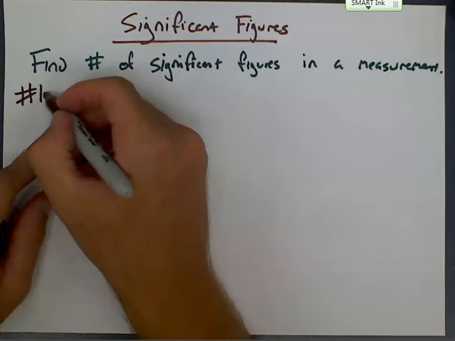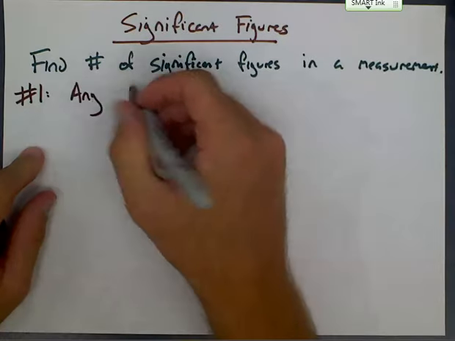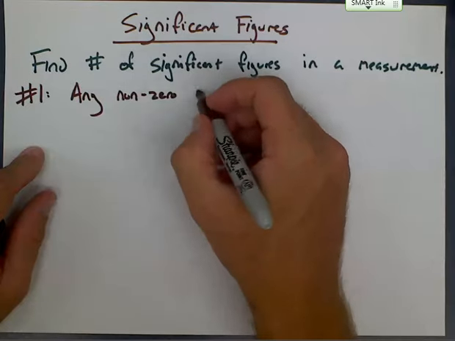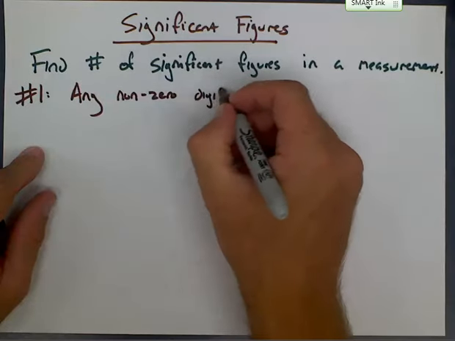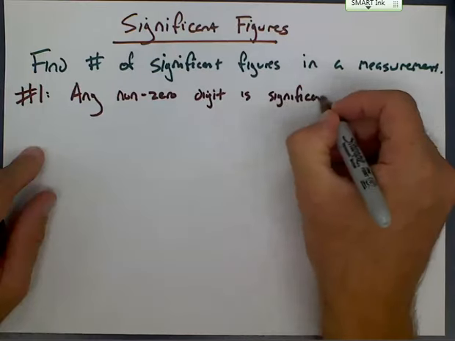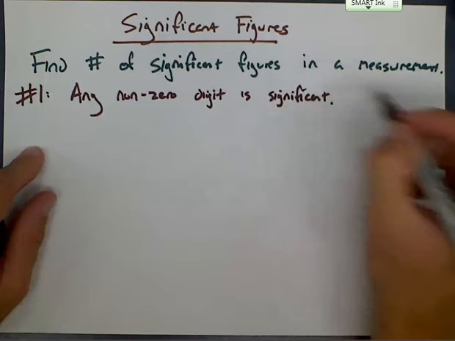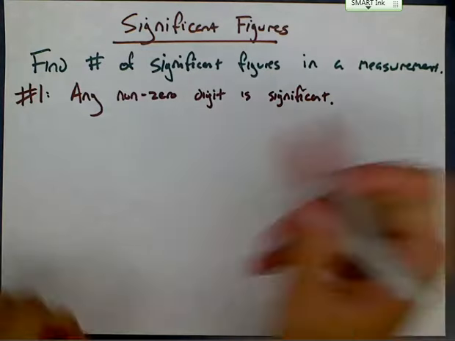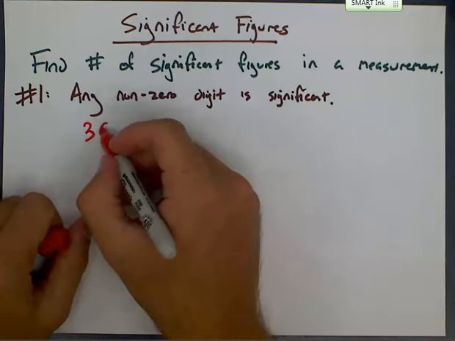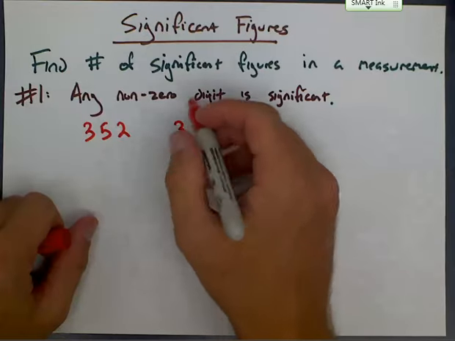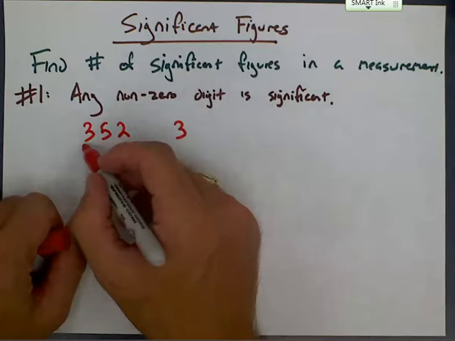So first rule would be any non-zero number or digit is significant. Okay? Any non-zero digit is significant. So in a number like 352, would have 3 significant figures.